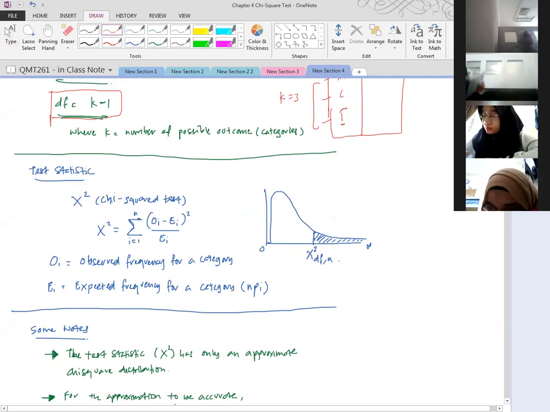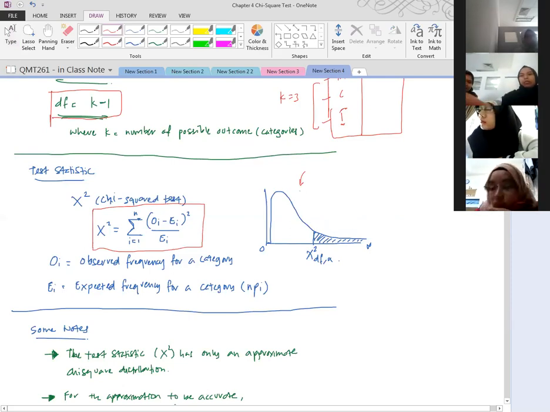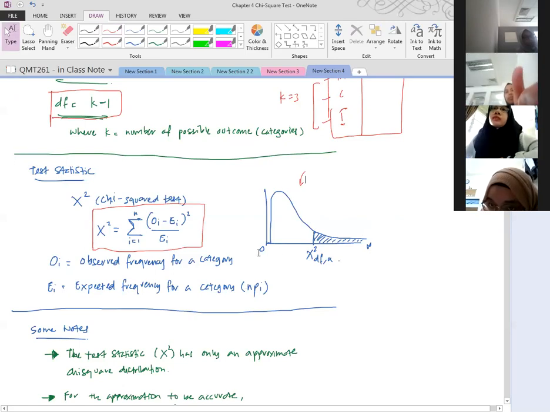So this is a formula for test statistics that we're going to use in our hypothesis testing. And remember, a chi-squared test is a right tail or one tail test, a distribution skewed to the right, so it's from 0 to infinity.